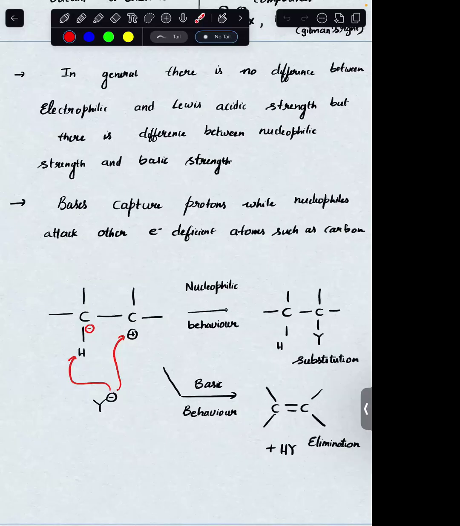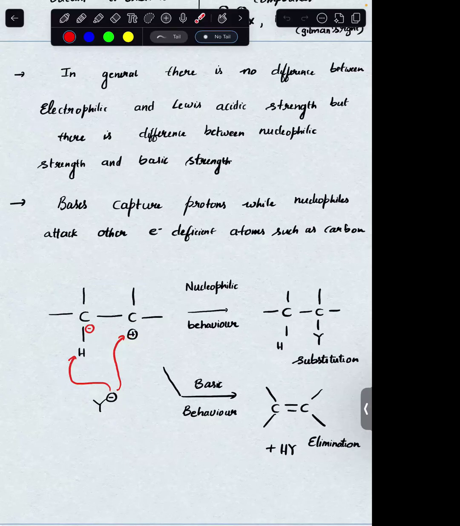In ionic equilibrium, we have seen that one which accepts H positive is a base and one which donates H positive is an acid. That is the Bronsted acid base theory. So when this negatively charged species, rather than attacking the electron deficient carbon, attacks the hydrogen, we say it's a base because it's accepting H positive. So the same negatively charged species can have two behaviors, one as a nucleophile, one as a base.